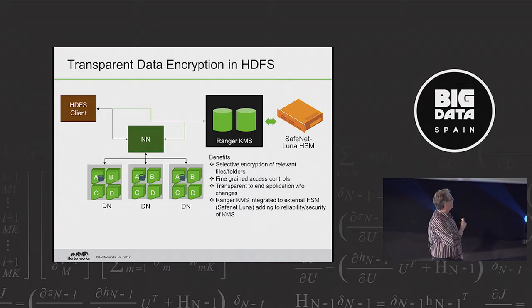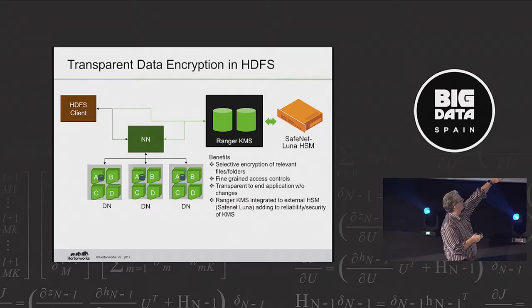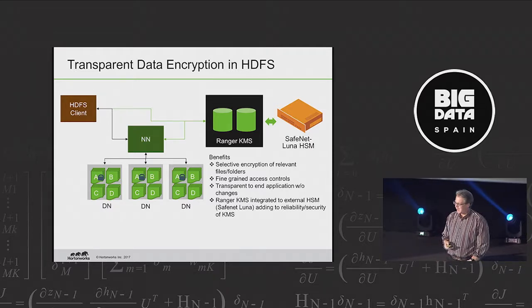And then Ranger gives back the decrypted file-specific key to the client, and the client runs from there. So you can see that the master key never leaves the HSM, and the client still gets fast access.